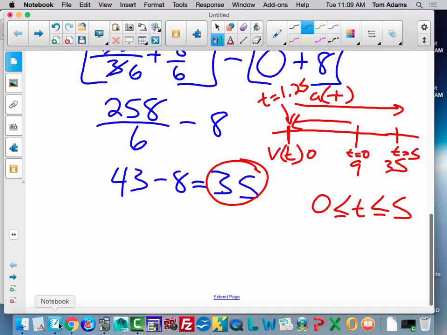So the position is 35 when t equals 5. But it went back so many, and when you add it all up, you end up with 42.59. Was it centimeters? Does that make sense to you guys?